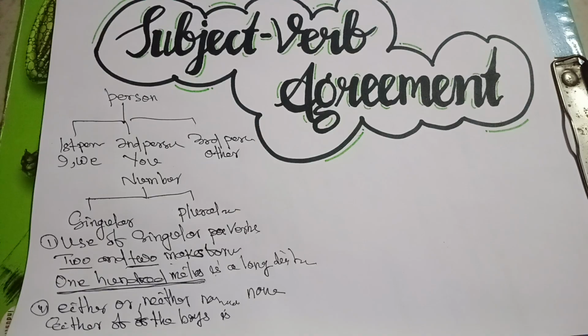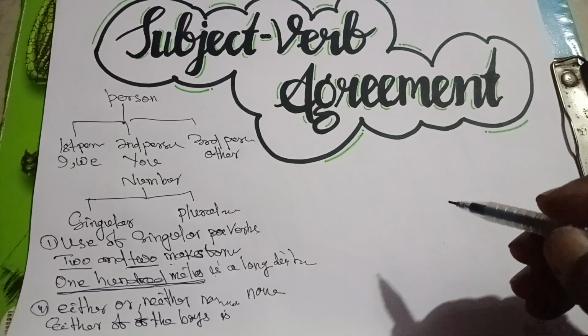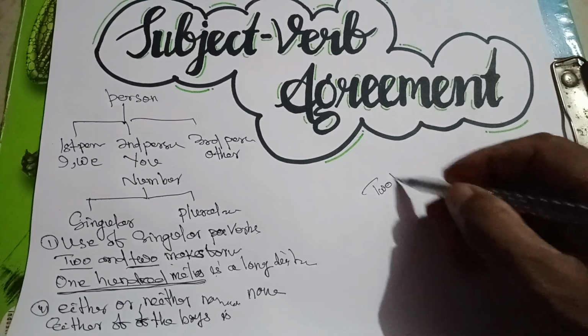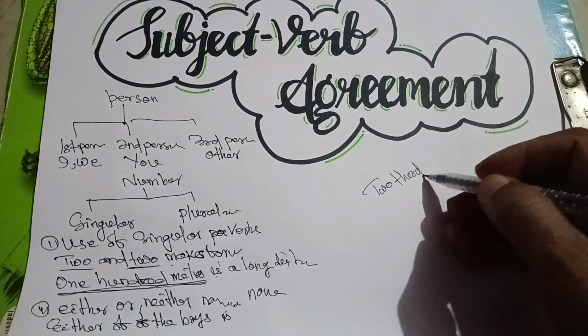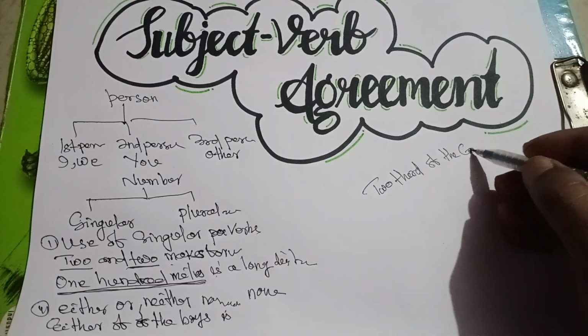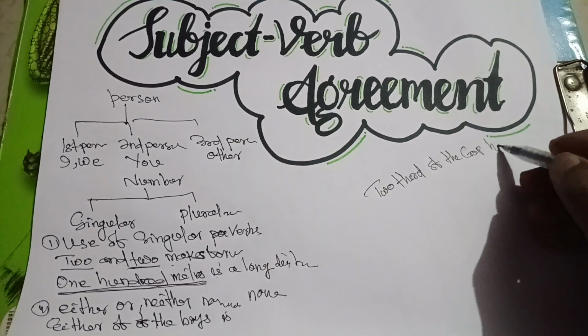In point number 7, if the subject begins with a fraction, the verb is singular. For example, 2/3 of the crop has been damaged.